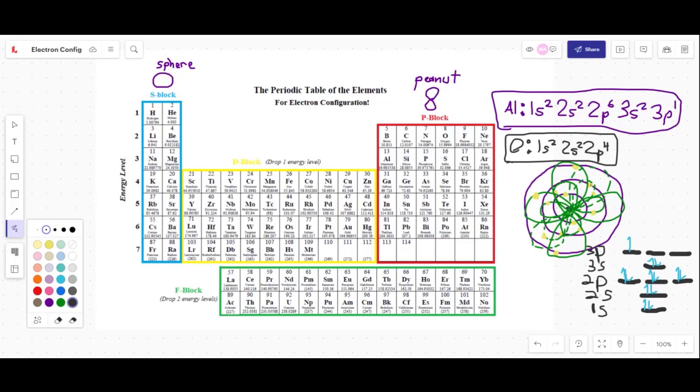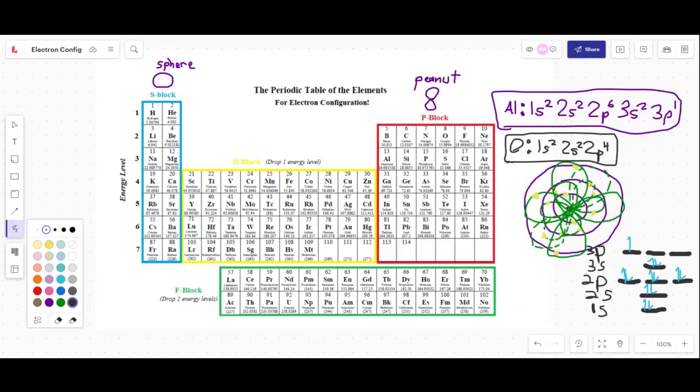You go from left to right and from high to low, and each square represents one electron.